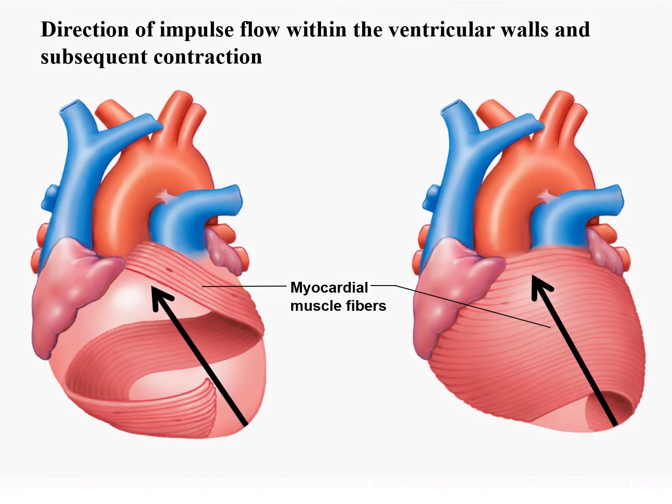Okay. Go back and watch that a couple times if you need to. This is showing that when you look at the myocardium of the right and left ventricles, the cardiac muscle is oriented in what are referred to as whorls.